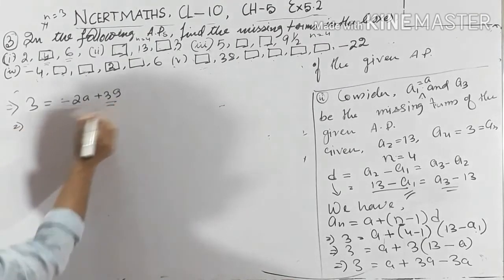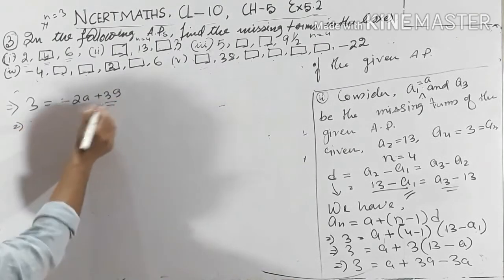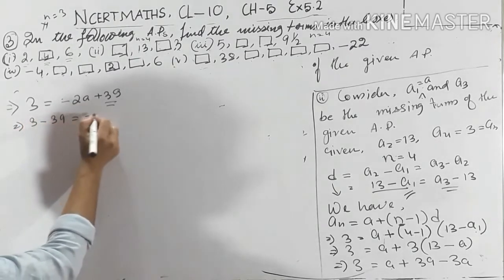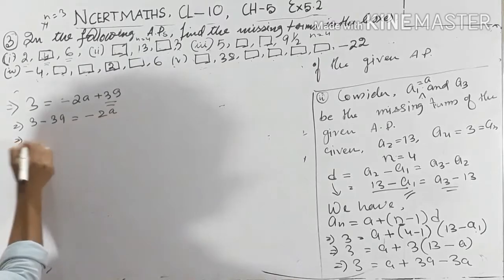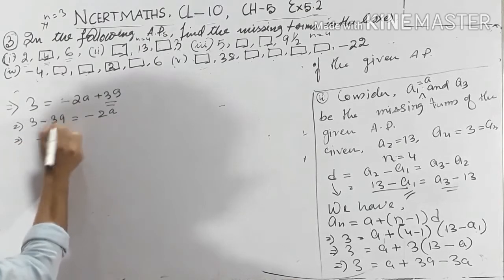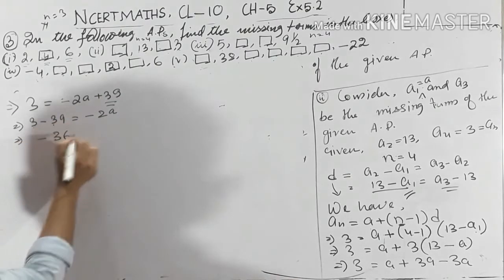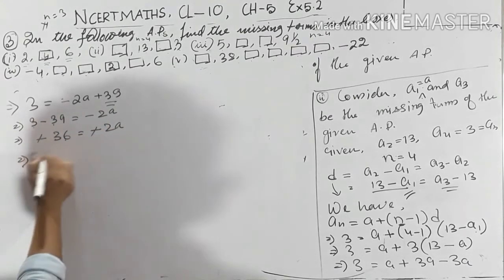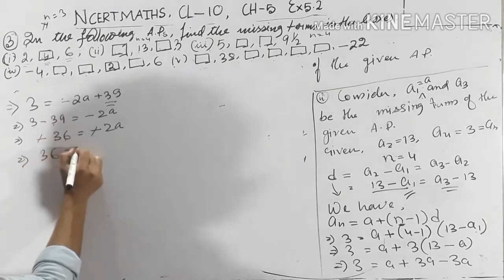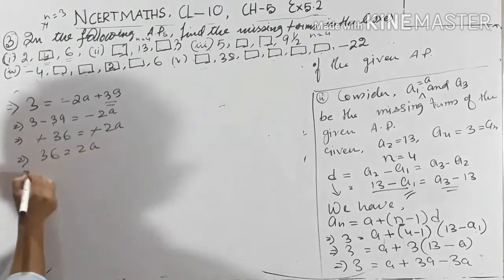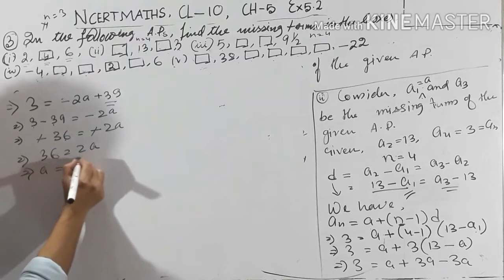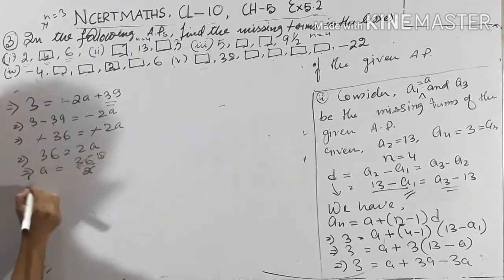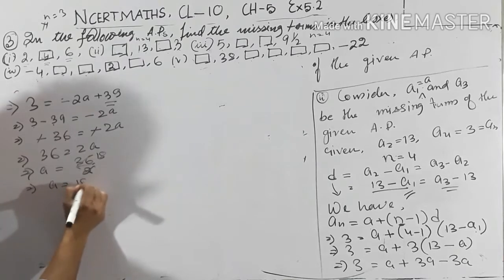Let us transpose 39 to the left-hand side. 3 minus 39 equals minus 2A, so minus 36 equals minus 2A. Minus minus cancel, so 36 equals 2A. That means A equals 36 upon 2, which is 18. So A equals 18.